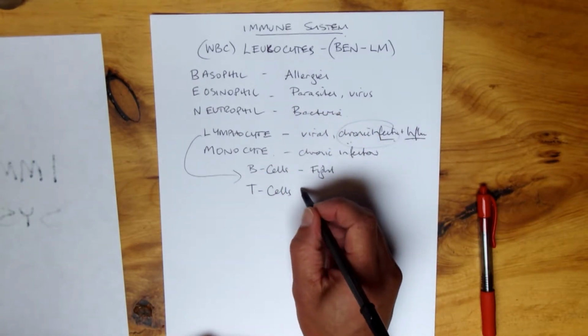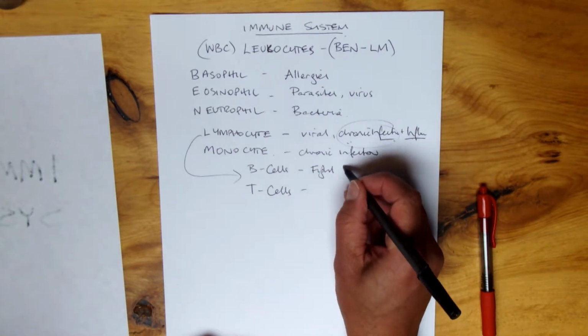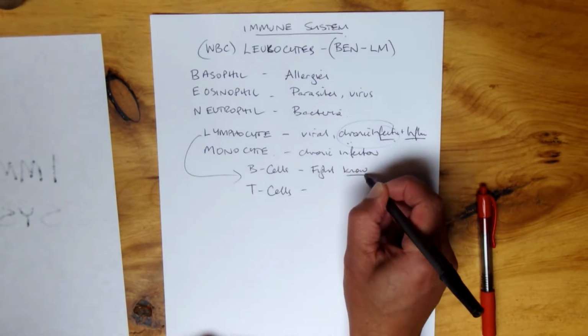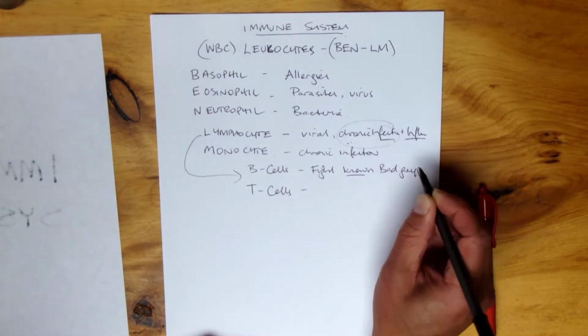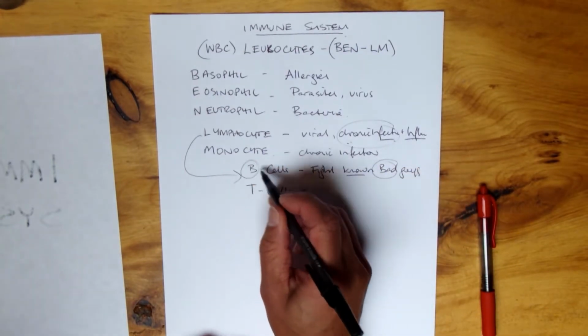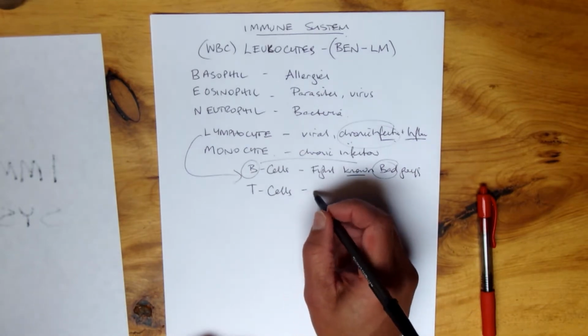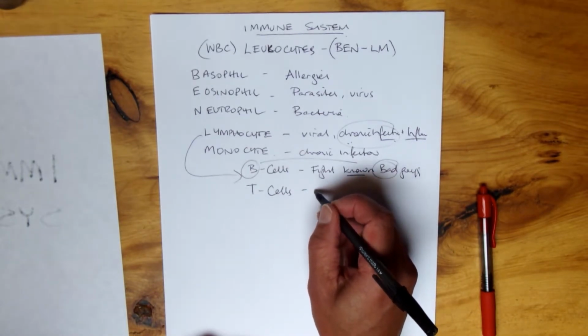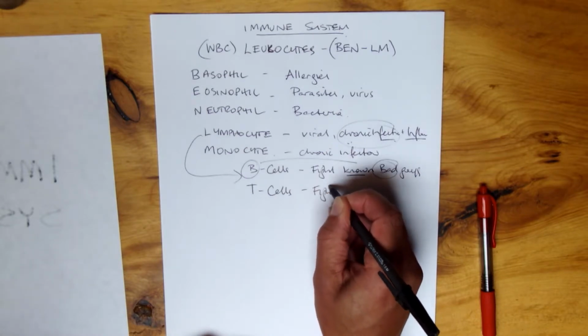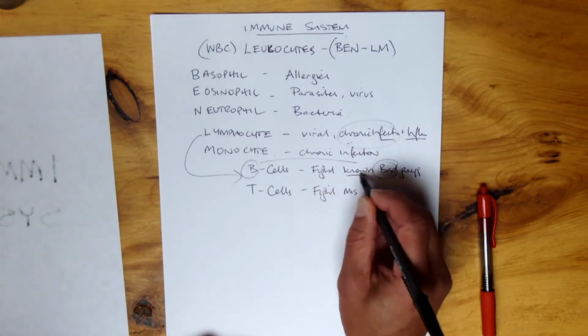So T cells, so B cells, we say they fight known bad guys. Yeah, B for bad. T cells, they only fight misbehaving ones. So these are known bad guys.